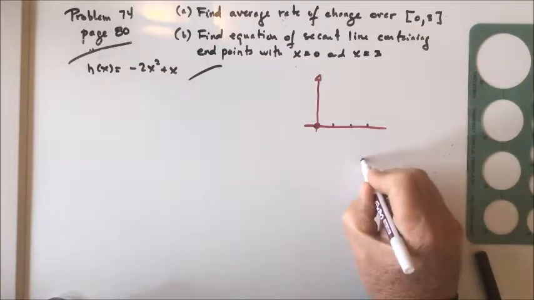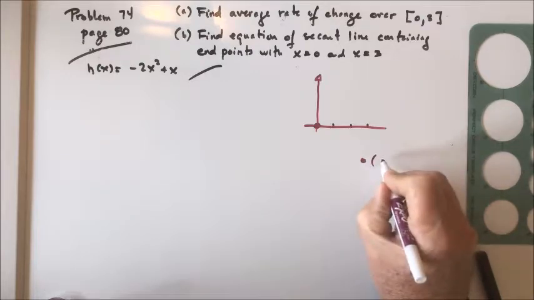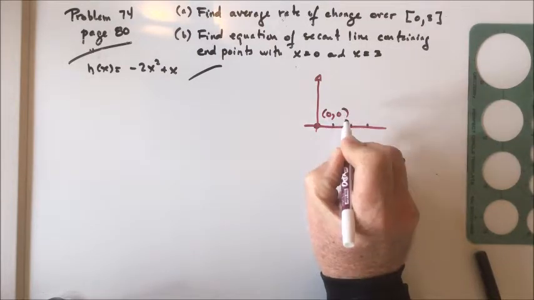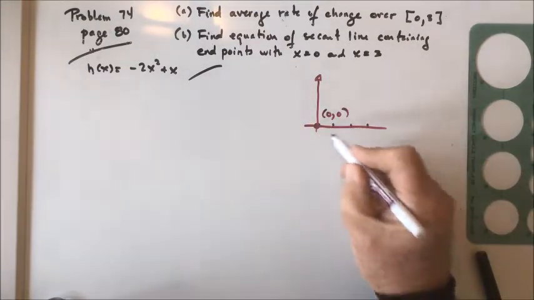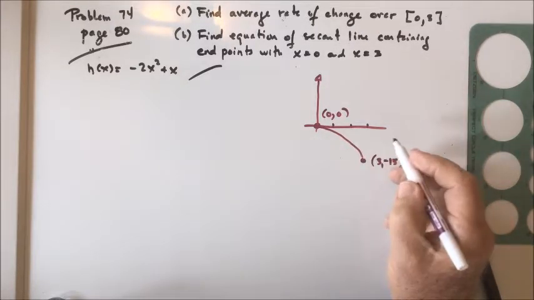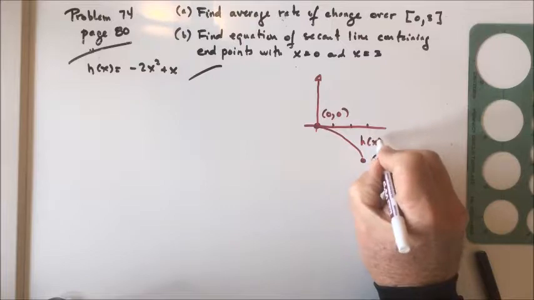So I'm just going to pretend that this is the point 3, minus 15. This is the point 0, 0. And then this curve h is clearly quadratic, so I get a curve that looks something like that over this particular domain. This is h of x.